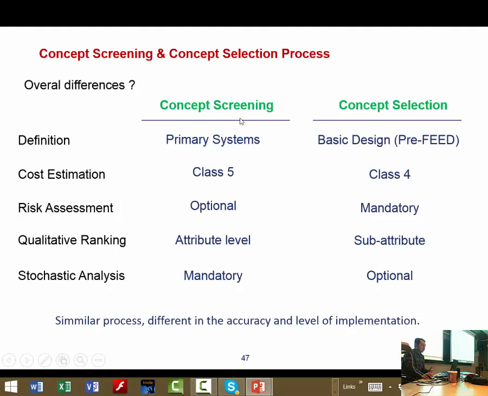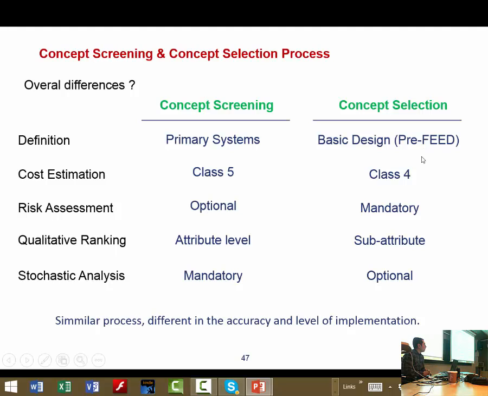But for the concept screening phase, you only define primary systems. For example, based on your well stream, you only know that you need 2 separators with this capacity, but you don't design all the piping system and everything there. For the concept selection phase, you need a basic design of the unit. You need more accurate data, so you need some design documents as well.